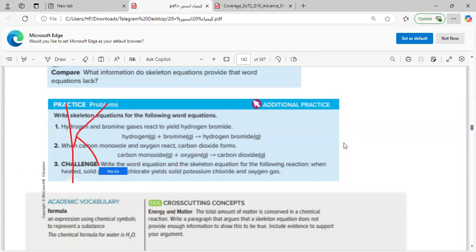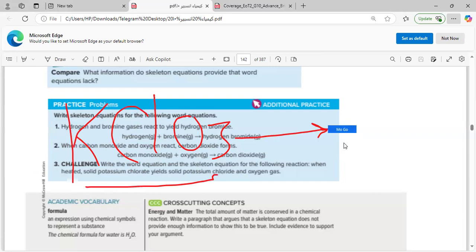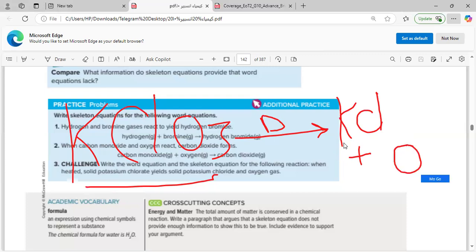Let's type the equation: KClO3, this potassium chlorate, forms by heat KCl plus O2. This is the skeleton equation, and we should balance it. So it is 2KClO3 forming 2KCl plus 3O2.